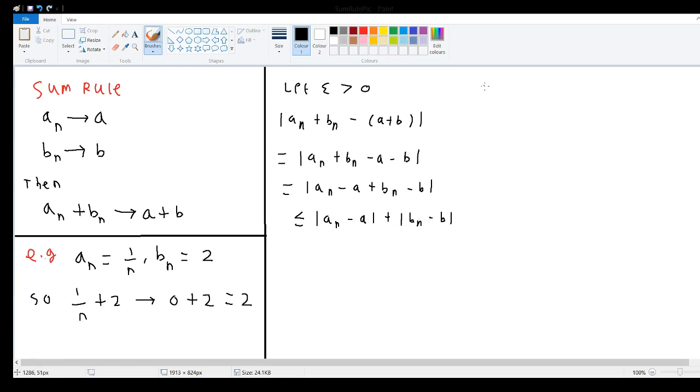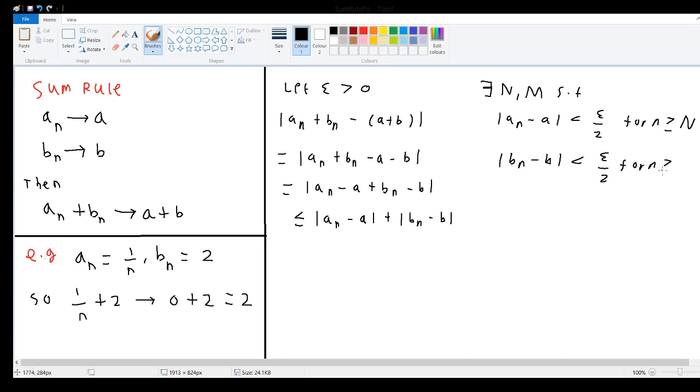Well, up here, let me write down, there exist capital N and capital M such that the modulus of a_n minus a is smaller than epsilon over 2 for n greater than or equal to capital N. And then we can also write that b_n minus b is less than epsilon over 2, but this time for n greater than or equal to capital M. Okay, well now what?